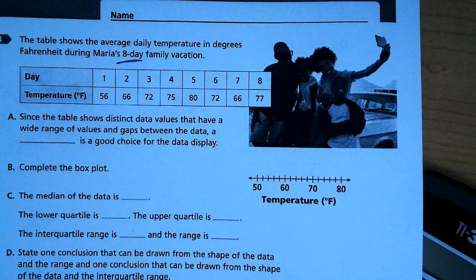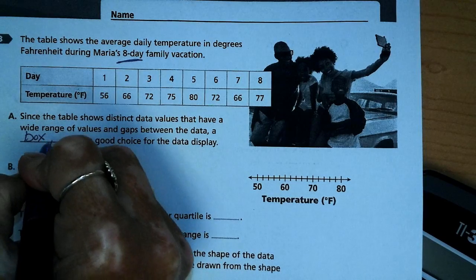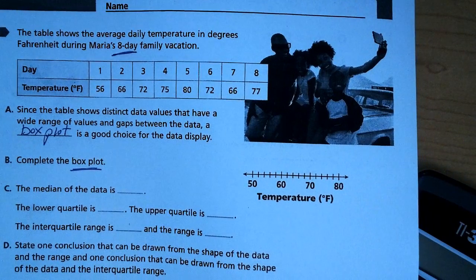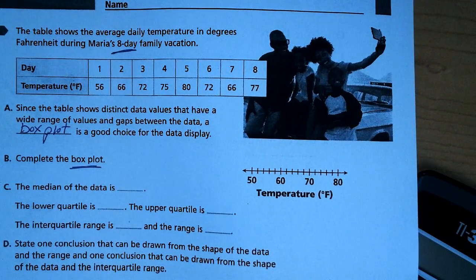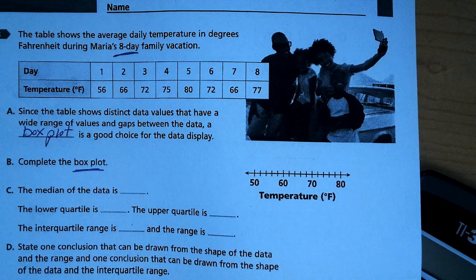So definitely not a dot plot, because the dot plot will show those gaps. So it has to be a box plot. Yep, a box plot. All right, so remember with box plots, we have to put the data points in order from least to greatest.